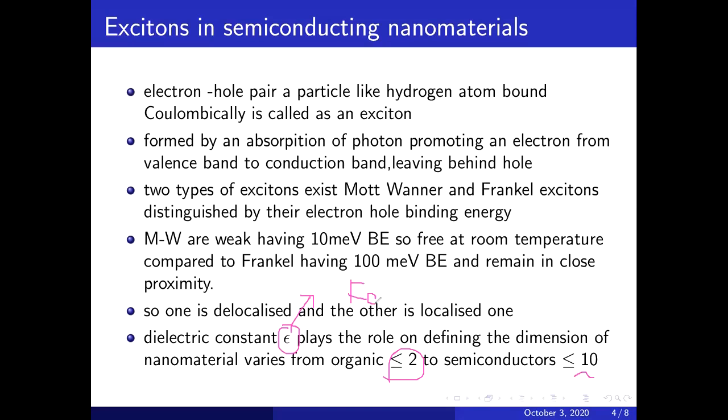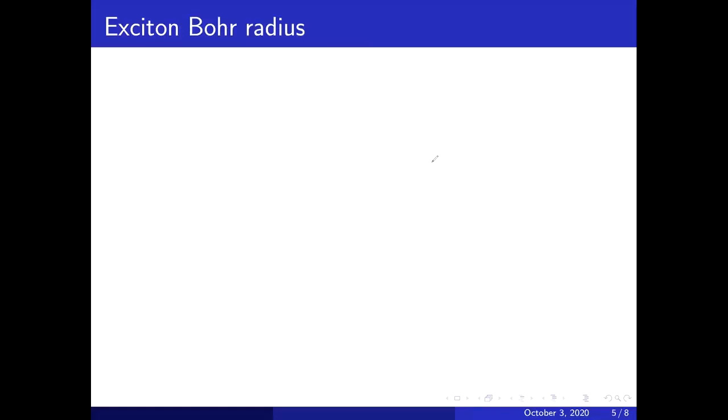Through the Coulomb expression we know F is equal to 1 by 4 pi epsilon naught, so epsilon is going to play a role. The higher the epsilon, the less the force. The lower the epsilon, the higher the force. So this is going to play a role in defining a weakly or strongly bound exciton system.